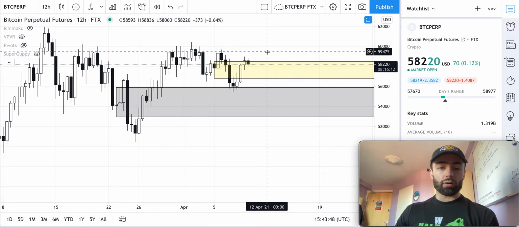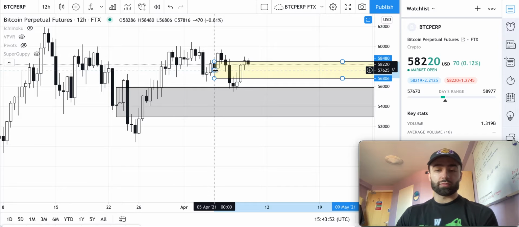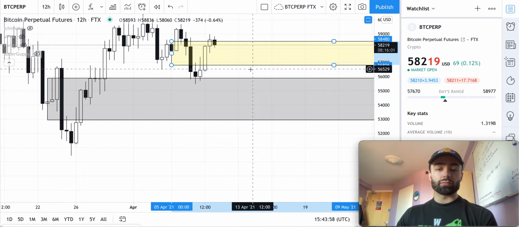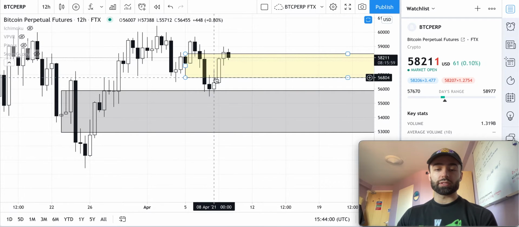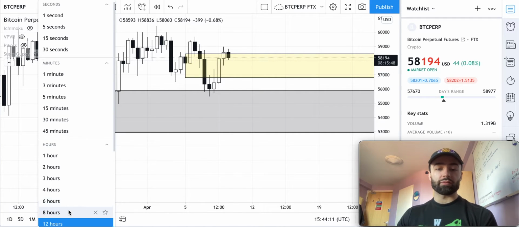So far, this level has not held very well in terms of a tradable level. Luckily, I haven't traded this level. If you were to make a short entry on the bottom of this, once we closed both these candles below, you still could have had a profitable trade right here with a little bit of push down in price before we pushed up, but it wouldn't have been very significant.